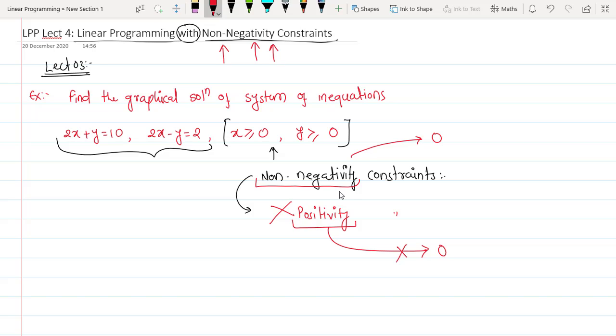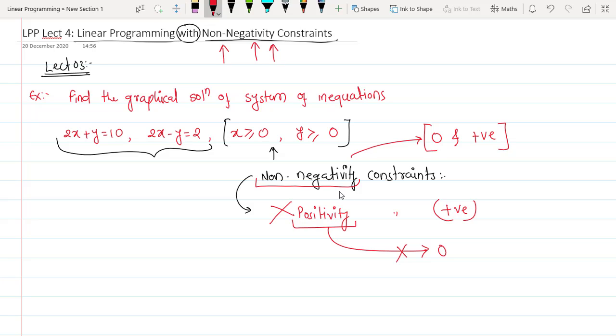So non-negative means 0 and all positive numbers. Positive means only positive numbers you will get in this case. So please make a note that non-negativity means this range includes 0 itself, 0 or greater than 0.